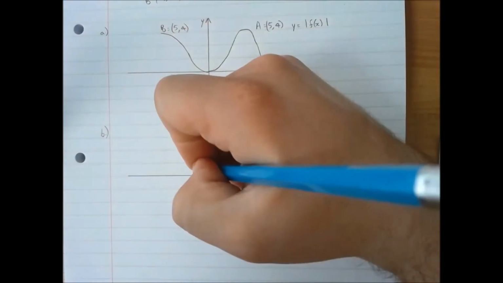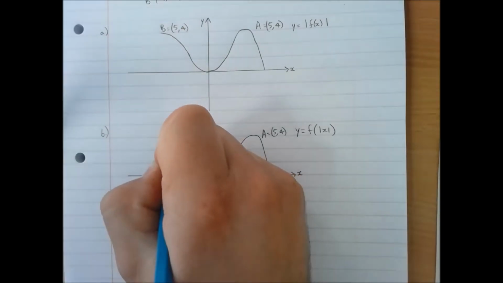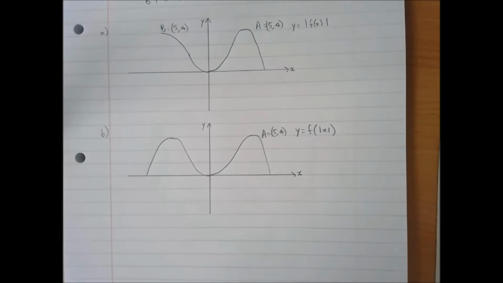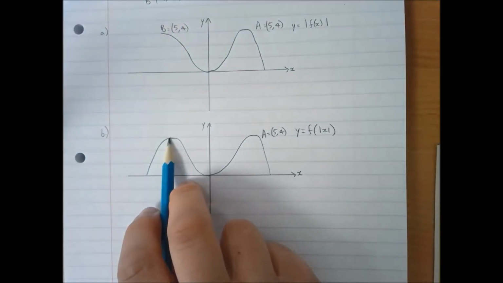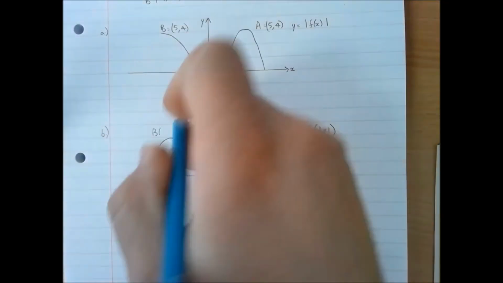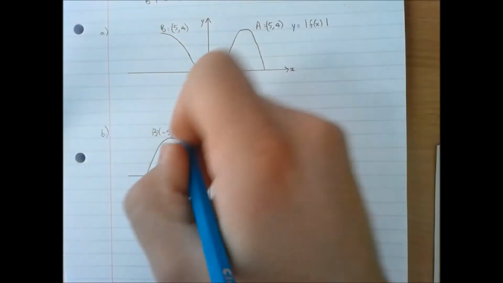This comes up to give me my maximum point over here again, and then comes down and intersects with the x-axis. That point B is now a reflection of what A was, so just making the x-coordinate negative, it is now (-5, 4).